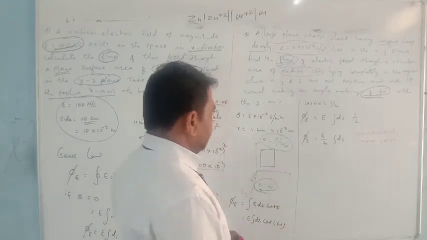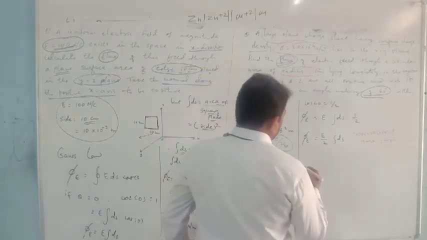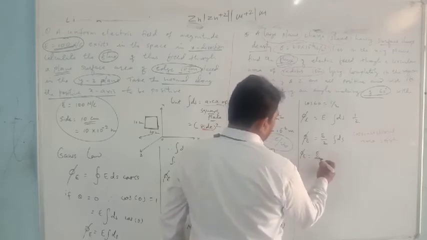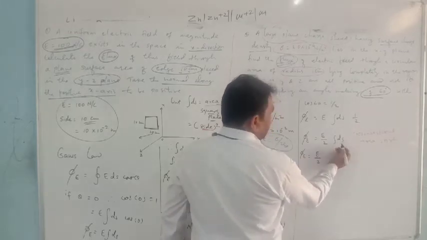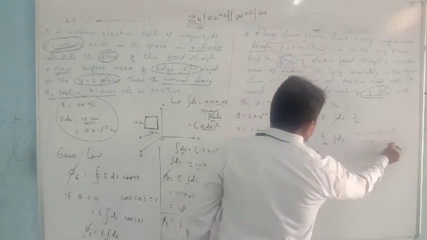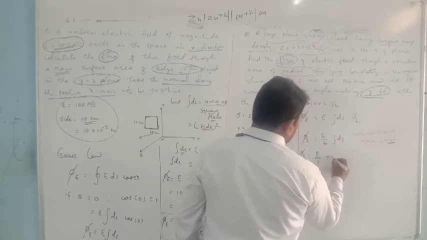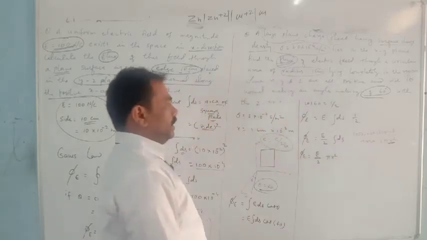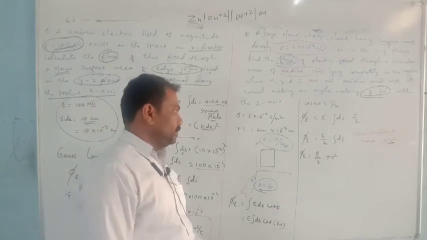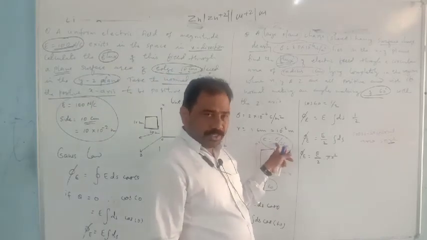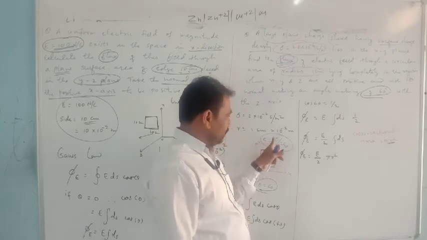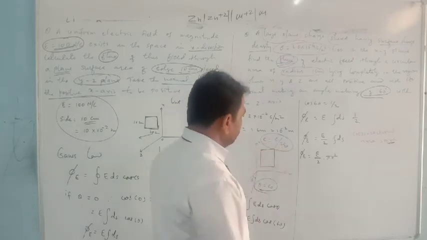So we can put electric flux is equal to E by 2 into integration of ds, that is the area, pi r square. Now we can easily put the formula which is used for a large plane sheet. What is the electric field intensity for a large plane sheet? It is E equal to sigma upon 2 epsilon naught.